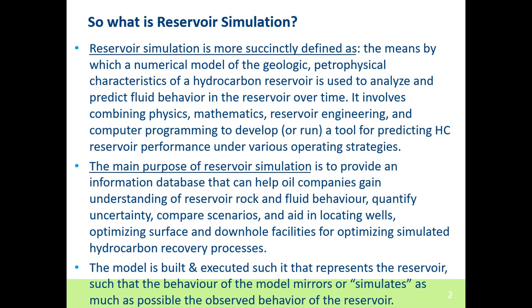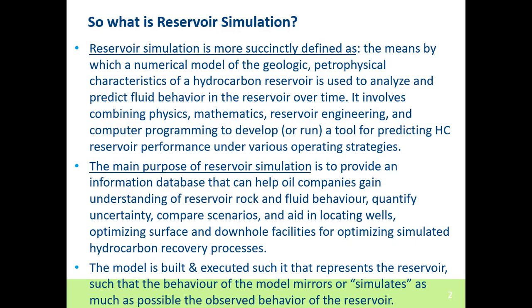And this helps the producing company to gain an understanding of the dynamic behavior of the reservoir, quantify uncertainty, compare scenarios, and it aids in locating wells, and also optimizing surface and downhole facilities.